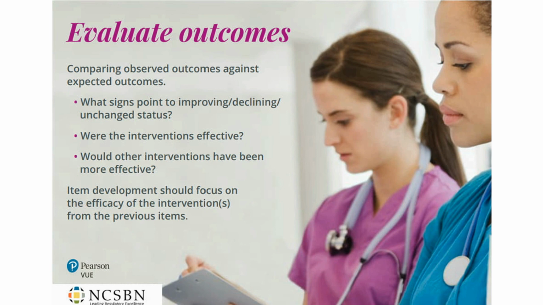So here, you should compare observed outcomes against expected outcomes. We know what's expected. Now, did it happen, right? What signs point to improving, declining, unchanged status? Were the interventions effective? Would other interventions have been more effective?